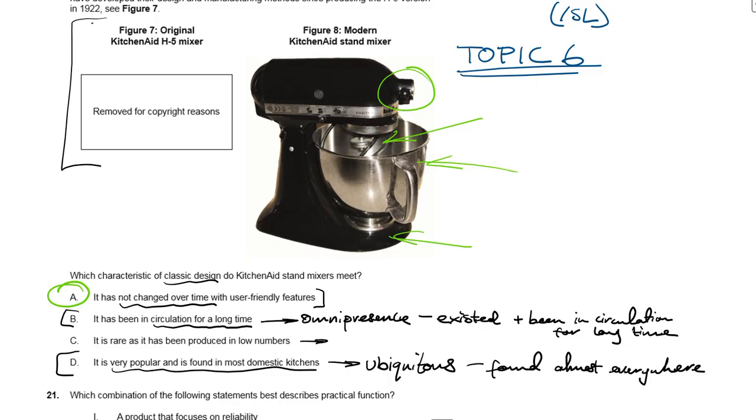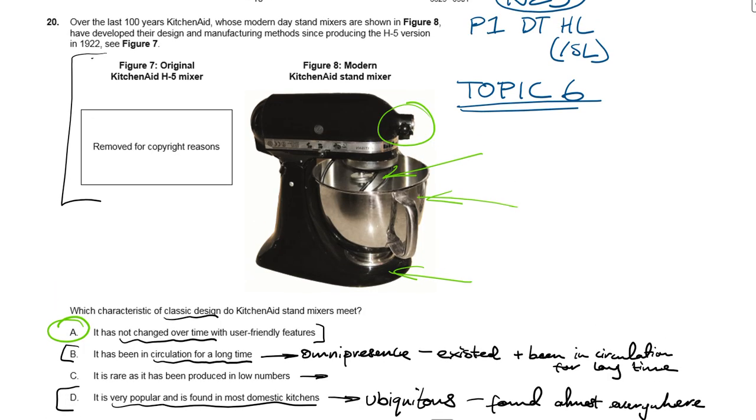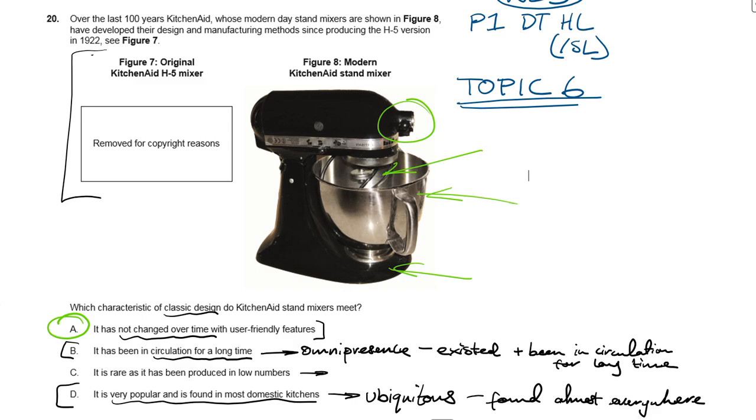When we have these multiple, very equally likely choices that apply to the main key term, classic design, we always want to see which one applies specifically to the images they give, or specifically to the tool. In this case, it's solely based on the images, but sometimes they'll give a tool that just doesn't suit these options, and it suits one option the best, you know?